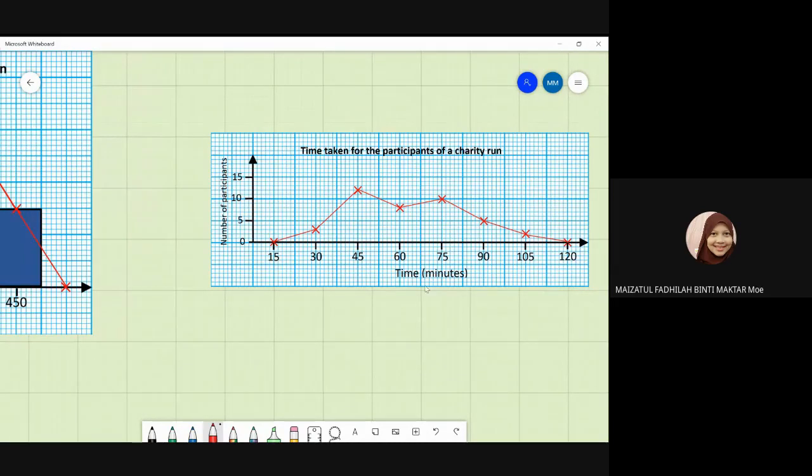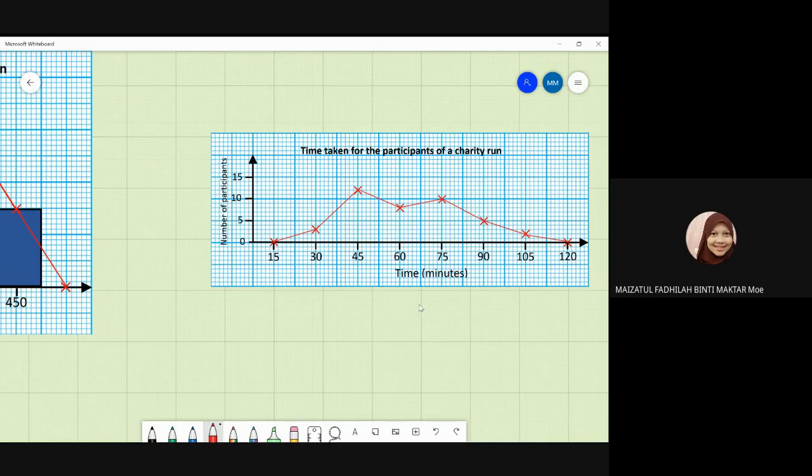The time taken for the participants of a charity run: the participants that take 15 minutes to finish the run, zero. Don't have any participant who can finish in 15 minutes. But for 30, they have about 1, 2, 3 participants who can finish the charity run in 30 minutes.